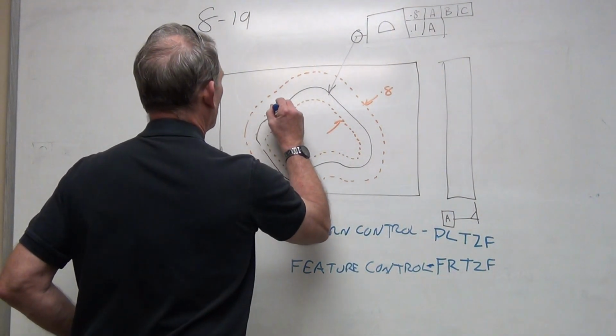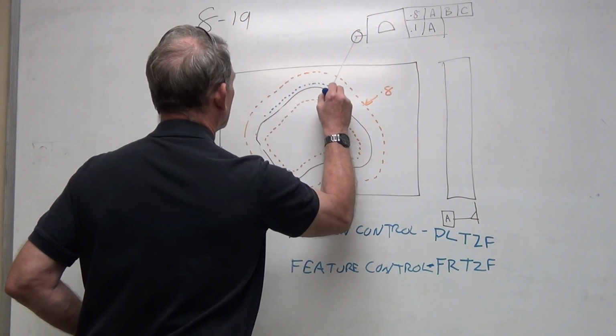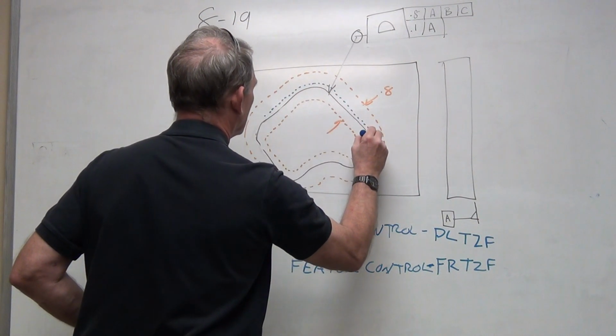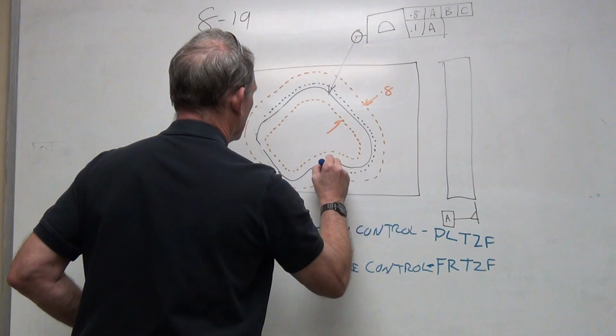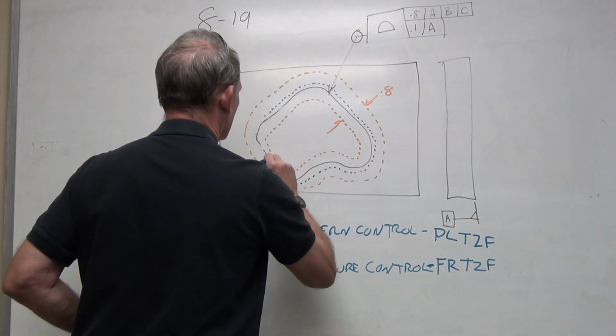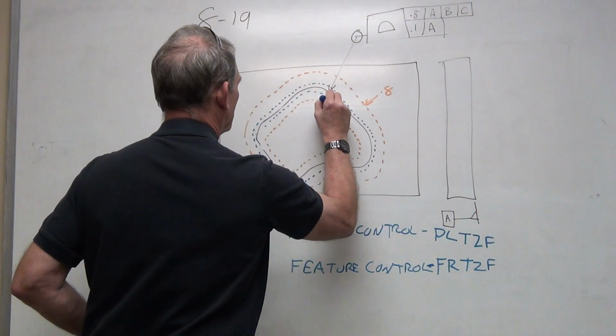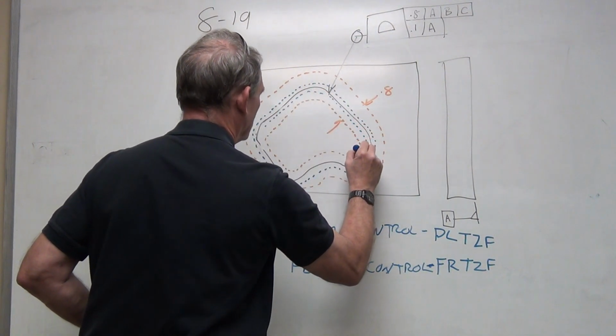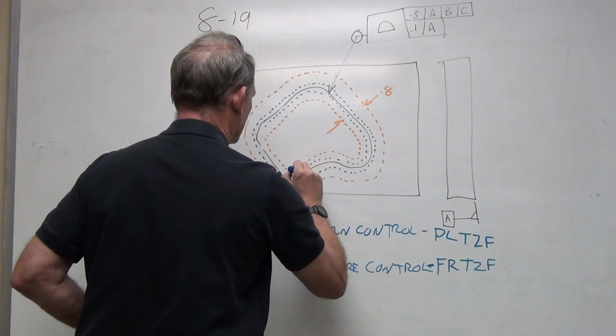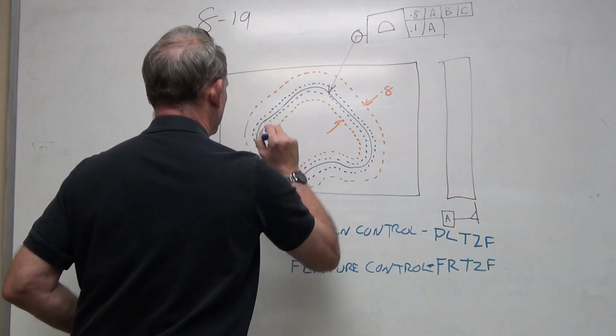So I'm going to draw a 0.1 tolerance. And that's going to fit much closer to the true position, or the perfect geometry that we've defined.